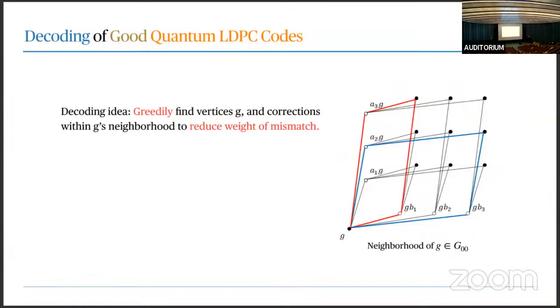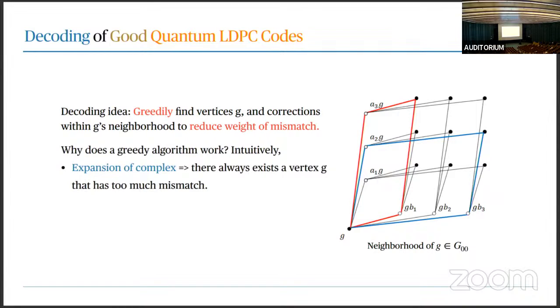It turns out that I could do this via a greedy algorithm. I'm just going to keep trying to greedily reduce the weight of the mismatch vector. How do I do that? Well, if I have a mismatch vector, let's say a large weight mismatch vector, what I would do is that using the expansion, I'm going to just give the intuition.